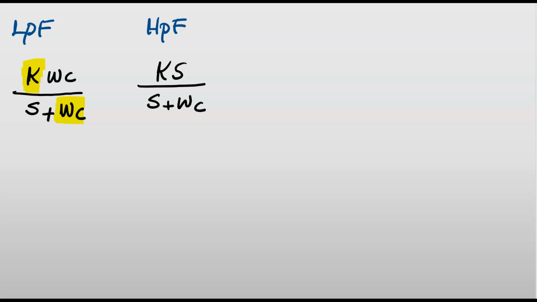As you can see, the polynomial in the denominator of both of them is first order. The difference is that for a low pass filter you have a constant number in the numerator, and for a high pass filter you have a coefficient of s.